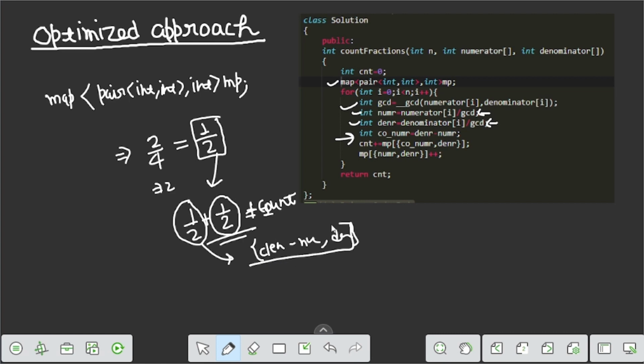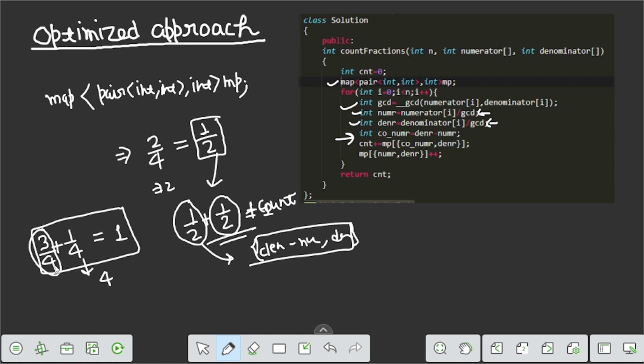Why are we looking for this? Because let's suppose the fraction is 3 by 4. This fraction becomes 1 when we add 1 by 4 to it. So 1 by 4 is the complement: denominator minus numerator, 4 minus 3, which is 1, over 4.